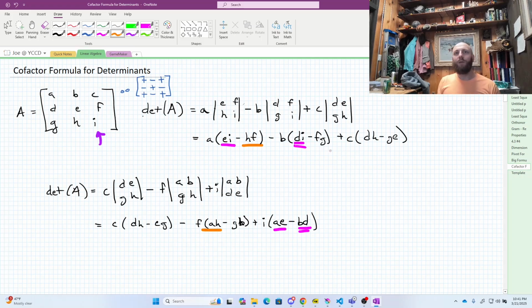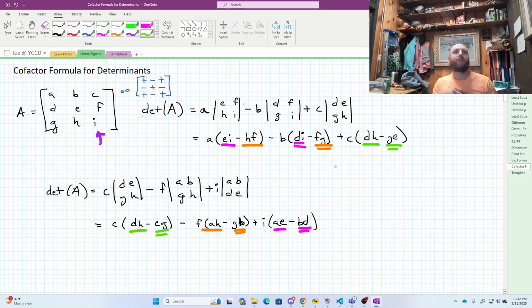Then there should be a plus BFG. Yep, if I multiply the F in there, I get a plus BFG. Then I ought to have a CDH. CDH is right there. Then I also ought to have a CGE. Yep, CGE right there. So even though these were in a slightly different order, I got the same set of numbers.